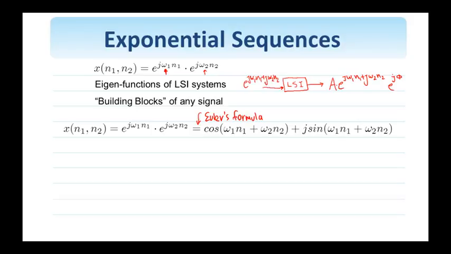It should be clear, looking at either the polar or the Cartesian representation, that the magnitude of this complex exponential, each one of them actually, is equal to 1. Right? From the Cartesian, it is cosine squared plus sine squared, and that's equal to 1.